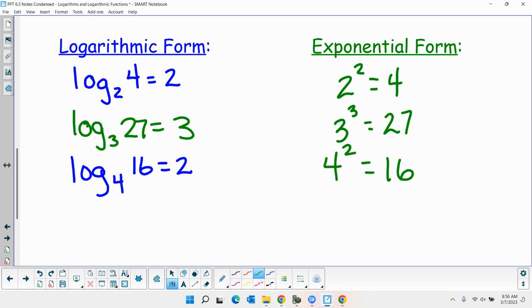Okay, you guys know all these answers, right? Okay. So let's do this. Log base 1/2 of 4 equals -2. What's the exponential?